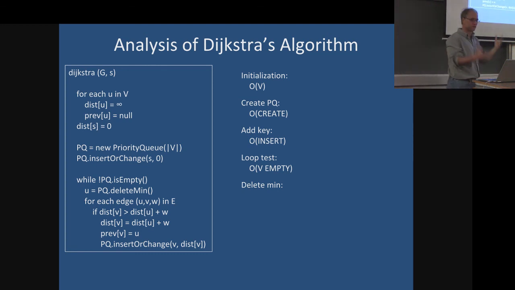If there are negative edges, that's where the analysis becomes worse. So you're going to do V delete operations, whatever they cost. Enumerating the edges. Over the life of the algorithm, we have to find all the edges, and that's going to depend on what kind of data structure we're using.